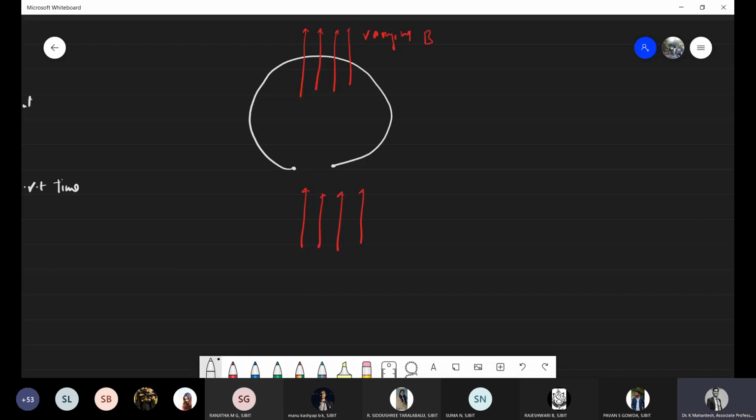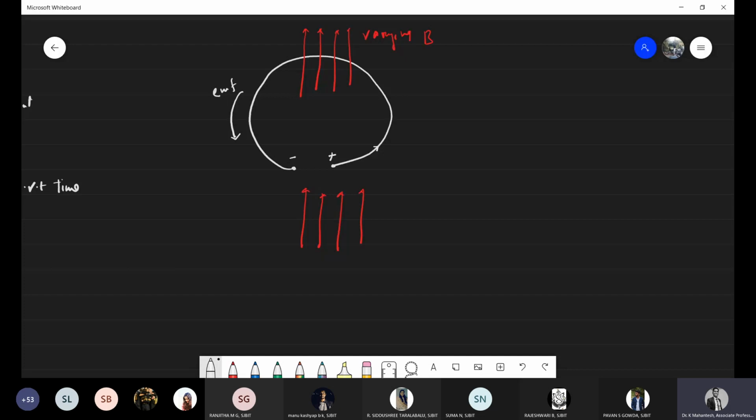So if this is varying, and you have a closed path like this, there will be an induced EMF on the surface of this closed path. Due to this varying flux, there will be an induced EMF and a flow of current inside this closed path.